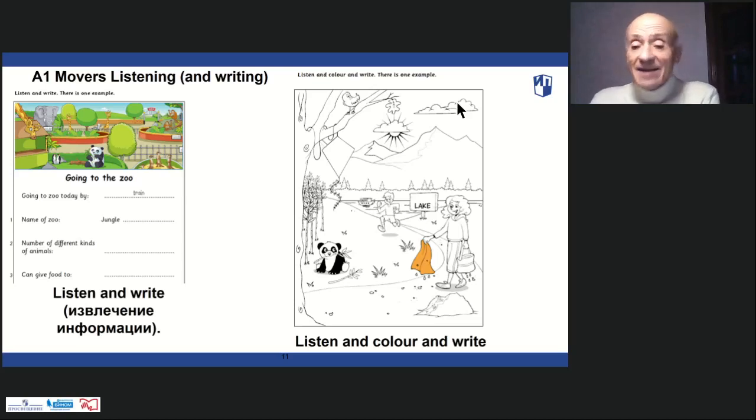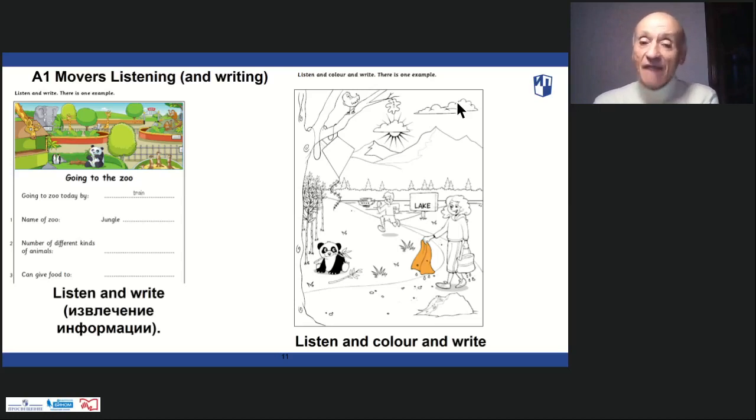Another one, listen and color and write, is interesting because they do not have to color the whole picture. Children have to be very attentive, and they have to color only the details mentioned in the text.